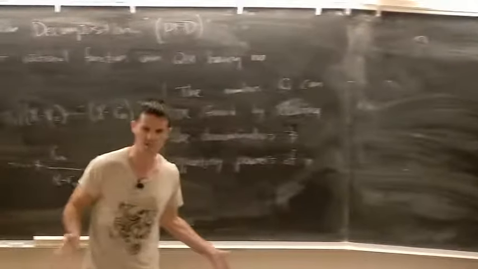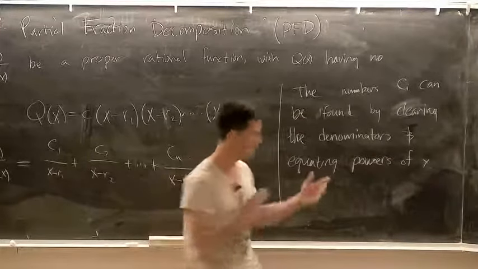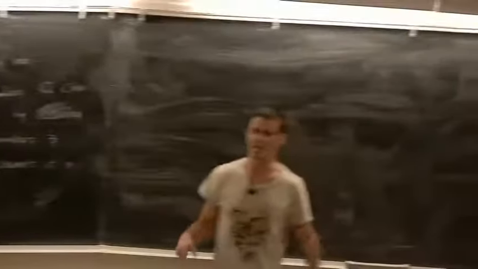Now, I said this was going to be a little bit confusing until I just did an example. So that's exactly what I'm going to do if this is confusing. And then you'll see the example, and you'll be like, oh, yeah, that's not that hard.